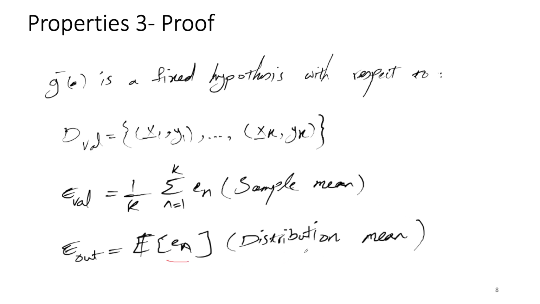So that would be the mean of the whole distribution of big X, right? The whole bag of marbles, or the overall data set outside. So let's use Hoeffding's inequality and the union bound to have an upper bound for the differences between out of sample error and in sample error in this case.